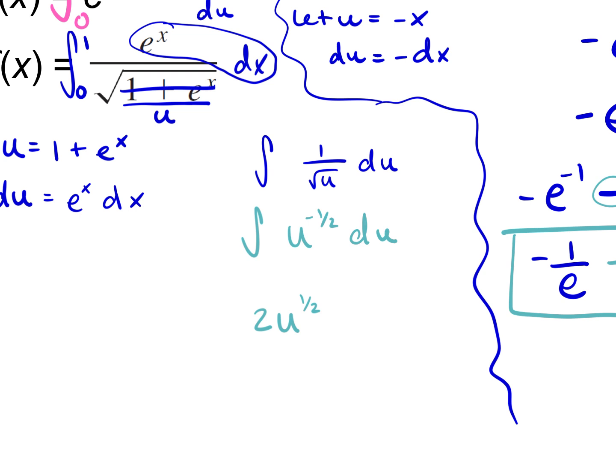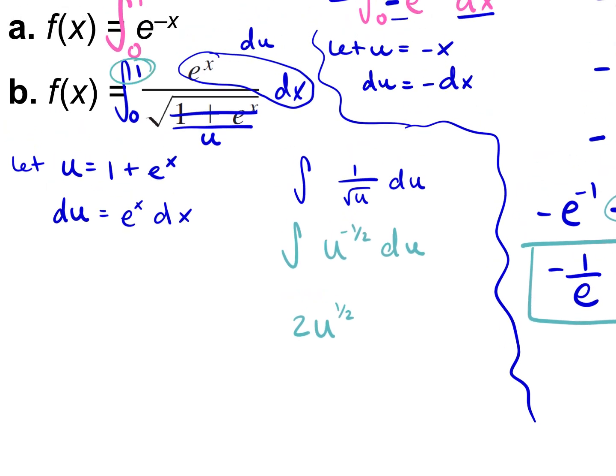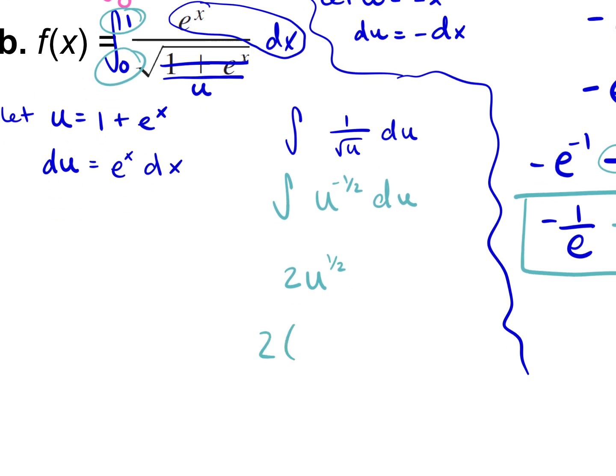Now we don't put plus c because it's actually a definite integral because we have values, but we want to plug back in our x's because our values here are x values. So we have 2, we said u was 1 plus e to the power of x, to the 1/2 power. And this is from 0 to 1.